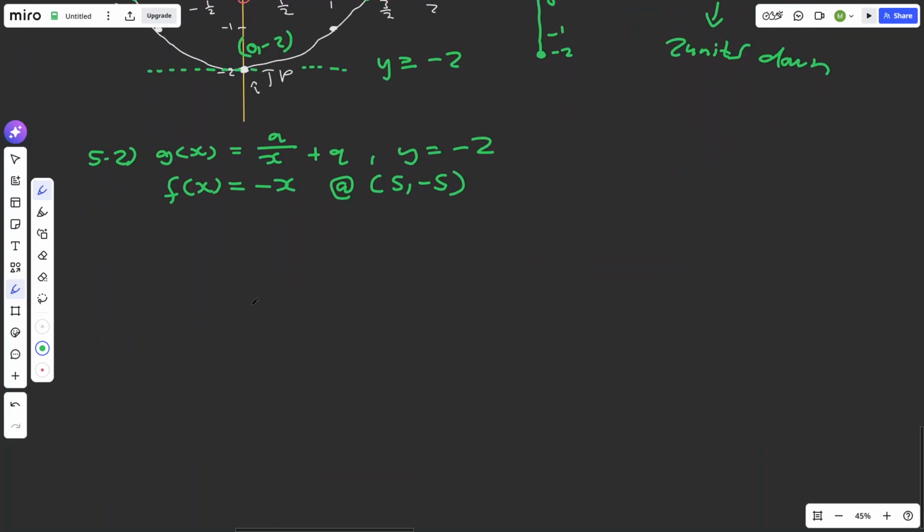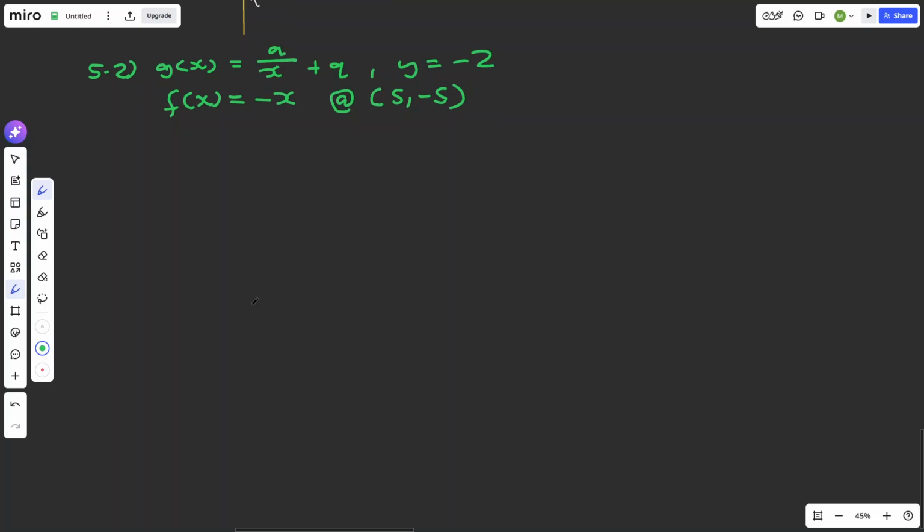We have two functions: a hyperbola and a straight line. These two functions intersect. When they intersect, or cross, we simply equate the functions to each other. When we equate them, we can then substitute the points that are given.